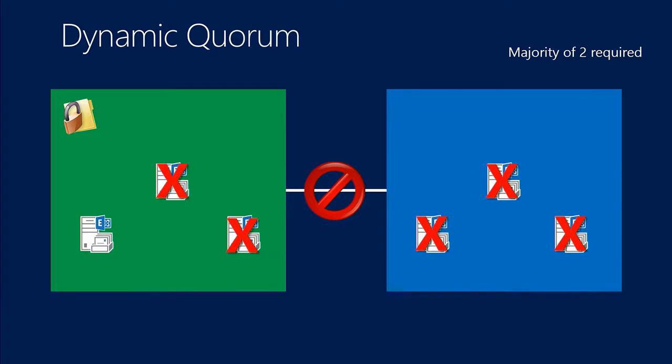Now here's where dynamic quorum becomes really uninteresting from an Exchange perspective. We're down in our DAG to that last man standing scenario. Yeah, we've got another vote for the witness, but from an Exchange server standpoint, the witness isn't doing anything. So what this means now is that the load from the 5 Exchange servers that are now down is now all running potentially on that last single server. Okay?